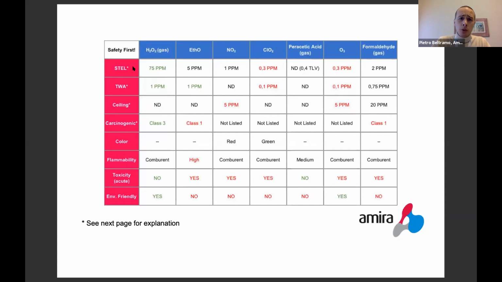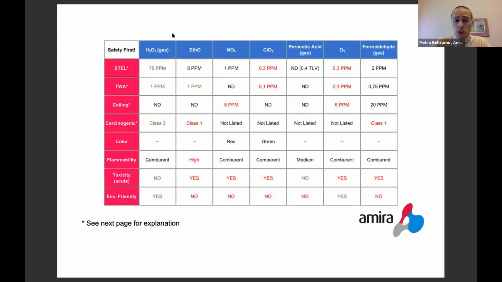I tried to justify why the H2O2 gas should be used against many other molecules. What I would like to put to your attention is that there are different limits, different characteristics of every molecule that you can find on the internet.